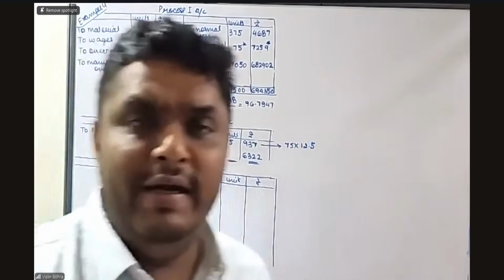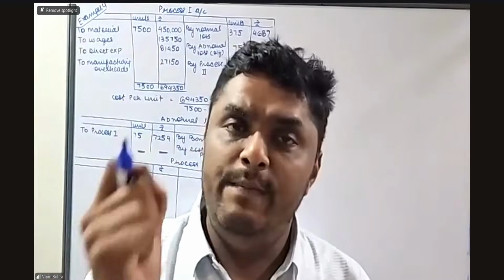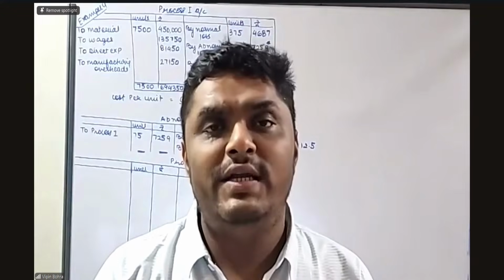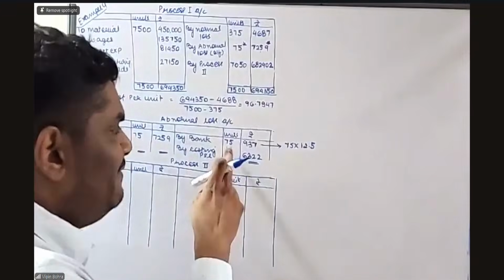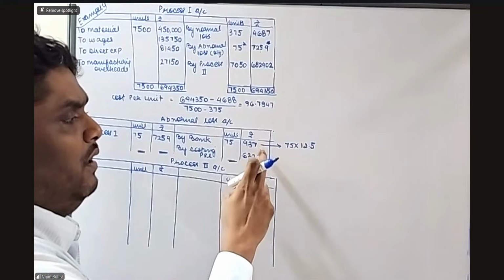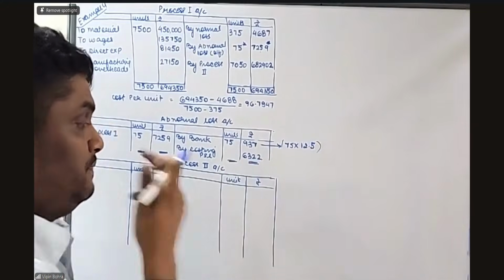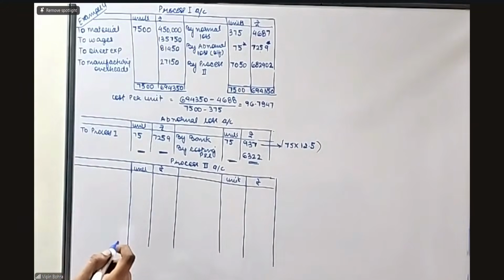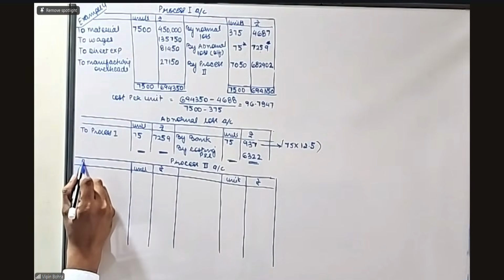I think you have not attended my previous session. Very simple. Just like these normal loss units are sold in the market, these 75 units are also sold in the market at the same price. So let's start with process second now.